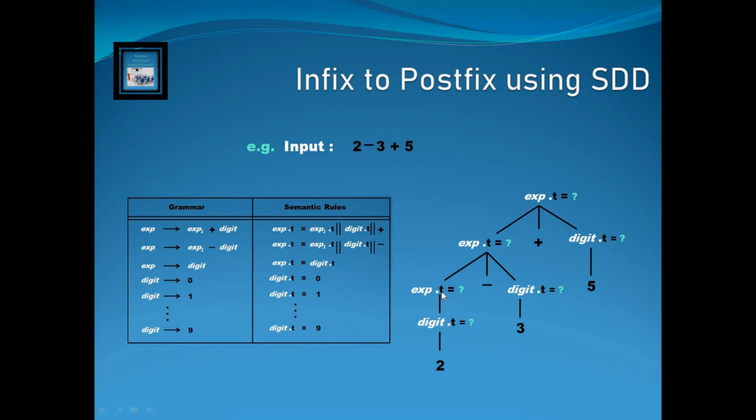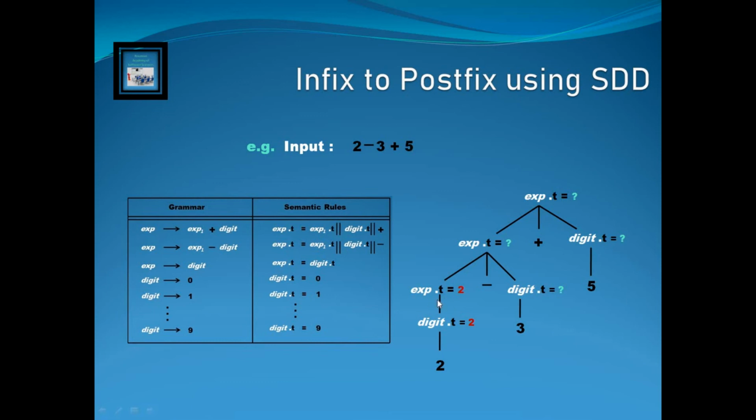In order to evaluate it, we have to evaluate its child's attribute first, and its child is this digit. So digit dot t can be evaluated directly from these semantic rules, because the semantic rules are saying when digit can have the form of 2, then digit's postfix form will be 2. Okay, so digit postfix form will be 2. And now when we have evaluated the postfix form for this digit, we can evaluate the postfix form for its parent, means expression dot t is equal to 2. How does this postfix form come?